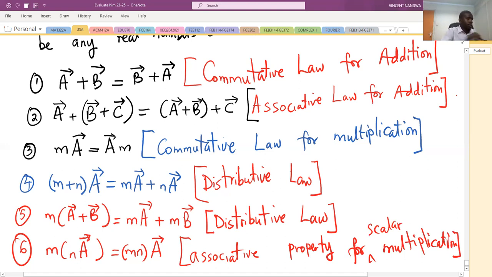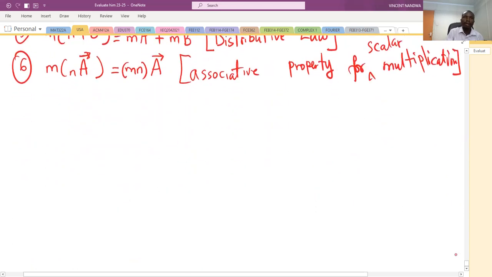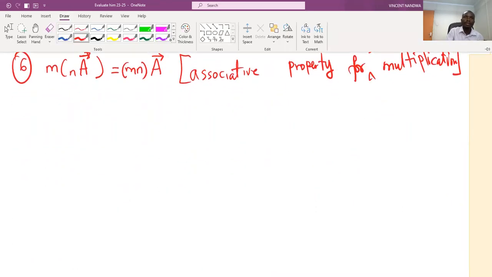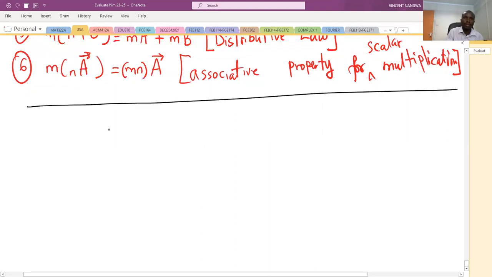So let's do some examples. Application of these laws. Evaluate the following.